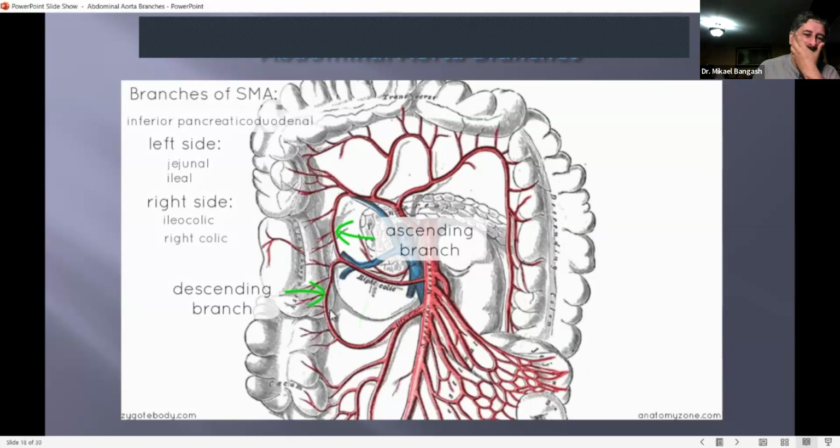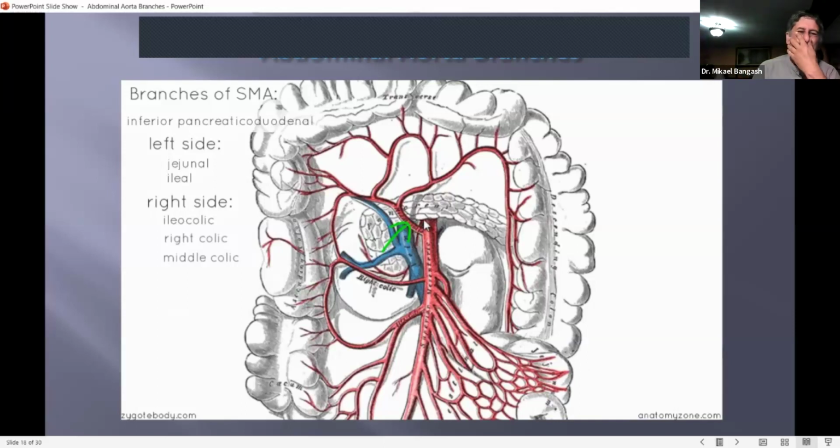So next we've got the middle colic artery, which emerges on the SMA just after it passes underneath the pancreas. And like the other two arteries, it splits into two branches, but these are left and right branches because they don't go up or down like the right colic branches or the ileocolic branches. They go left and right.